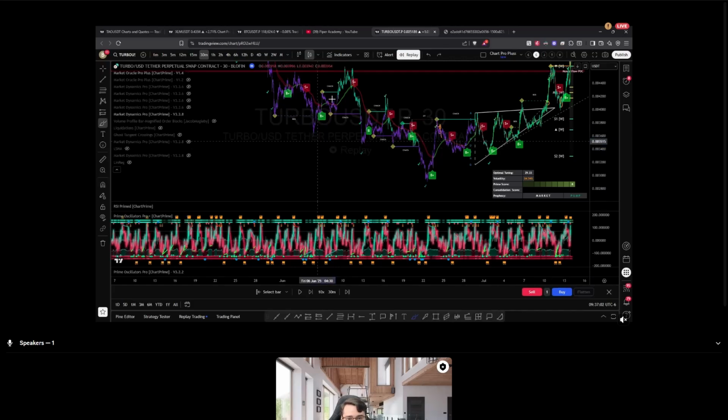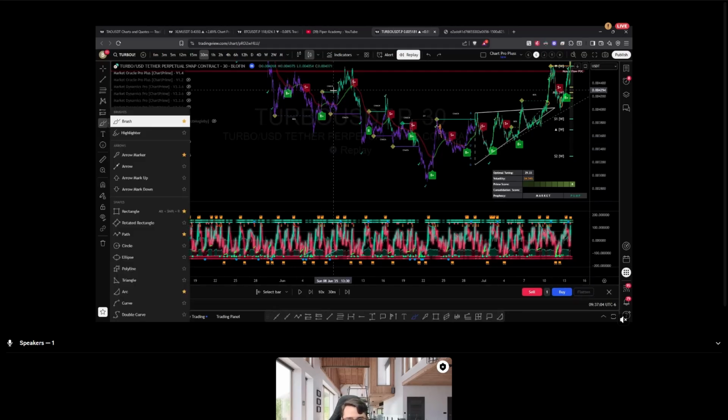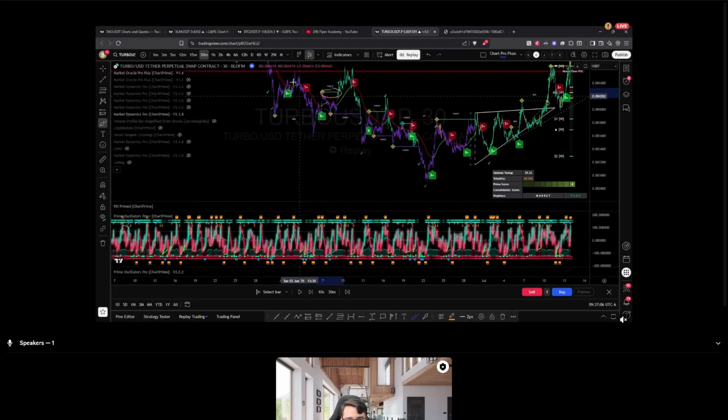Right here, you have a bearish change of character, because we had a low, a lower low, high, lower high, and then change of character. But then we have a bigger change of character because at the end of it all, we did create a lower low.